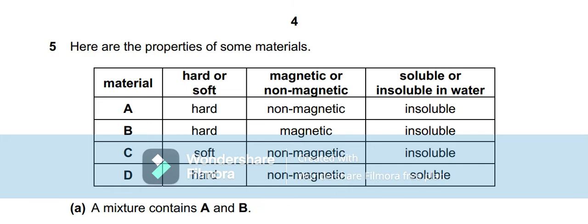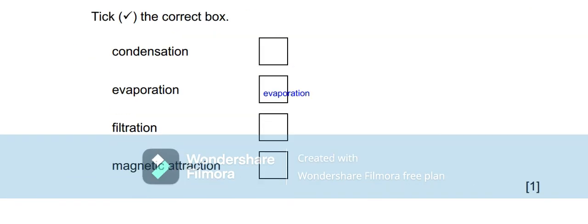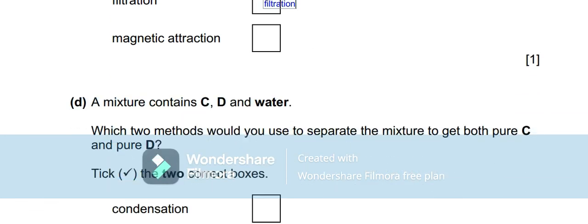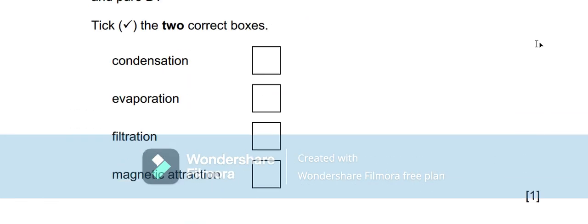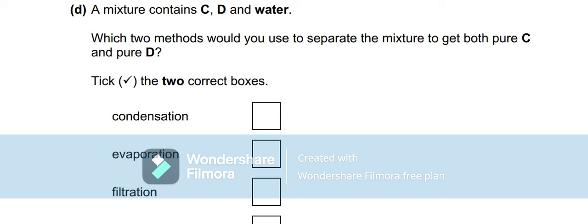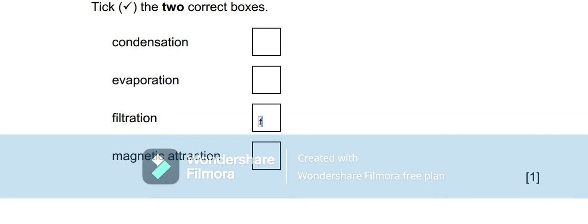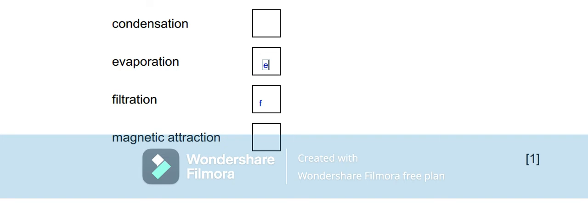Okay, so let's go back here. Right, I'm sure this is the question. So you have to tick filtration and evaporation. These are the two methods that we use to separate. Okay, fine.